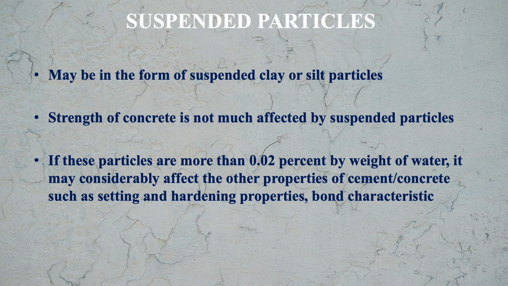But they may considerably affect other properties of cement or concrete, such as setting of concrete, hardening properties of concrete, and bond characteristics in the concrete. So these properties may be affected because of the presence of suspended particles.